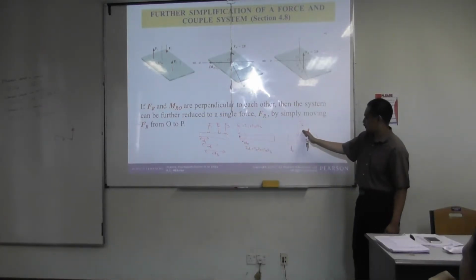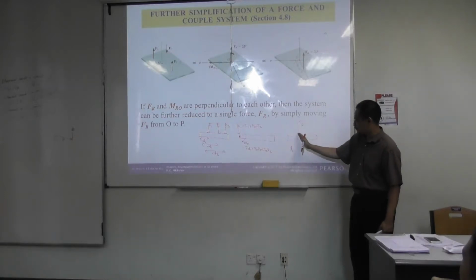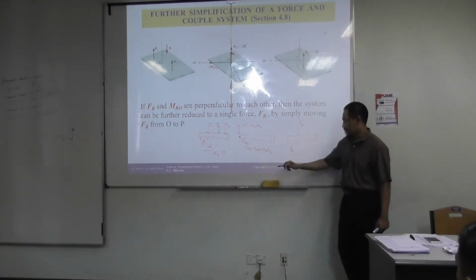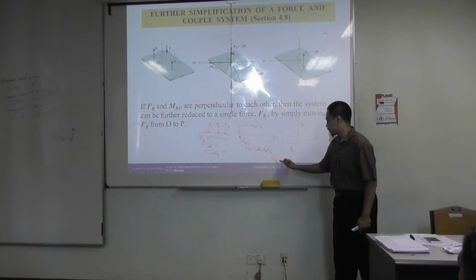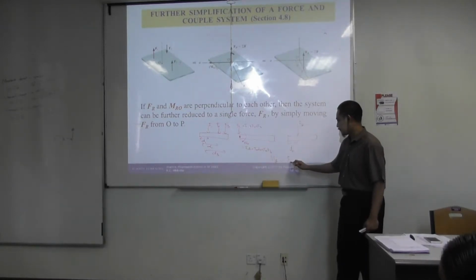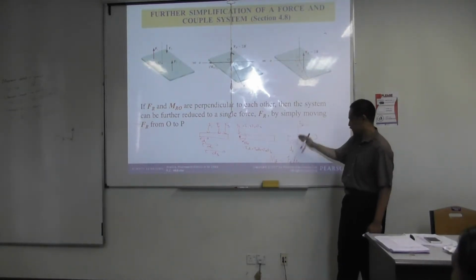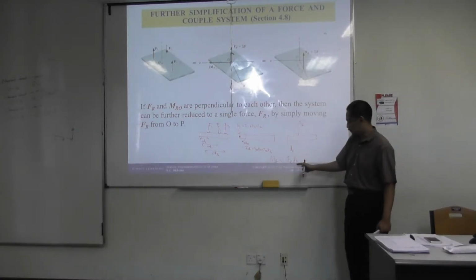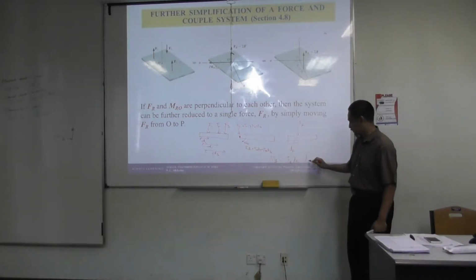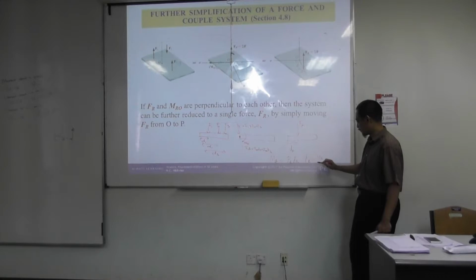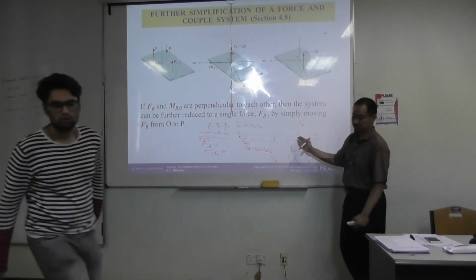When you want to have force here, this location of the force should create the same moment there. Meaning this MR should be equal to FR times DR. That's the moment calculation, right? So from here you can calculate what is DR, MR divided by FR. So this is what it means by further simplification.